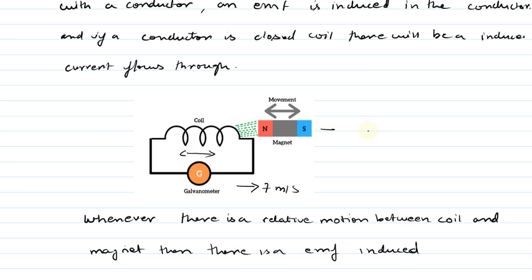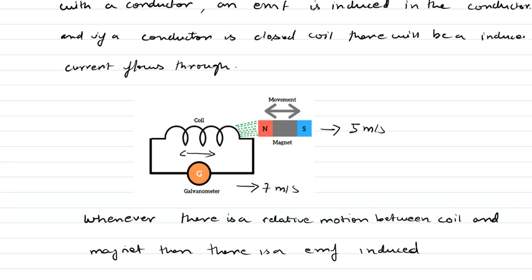And if the magnet is moving at, let's say, 5 meter per second, and the coil is moving at 7 meter per second, then there will be an increase or decrease in the magnetic field of the magnet with respect to the coil. So there will be an induced EMF in the coil. So the motion should be relative between the coil and the magnet.